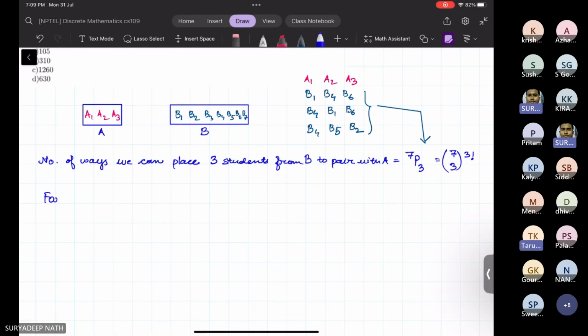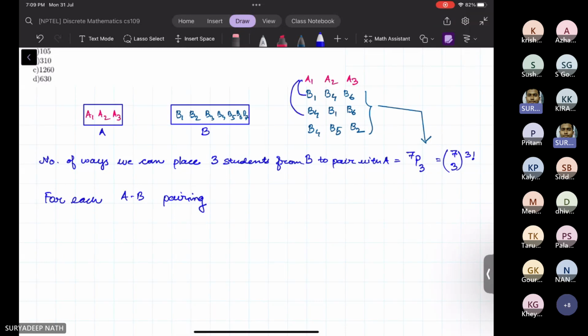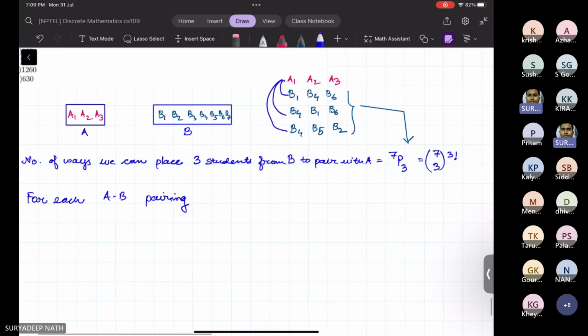So for each A-B pairing, this is one AB pairing, this can be another AB pairing, this is another AB pairing, we have four students in B left.